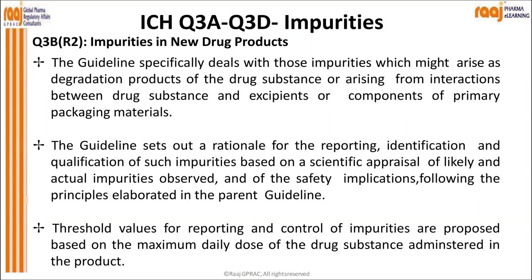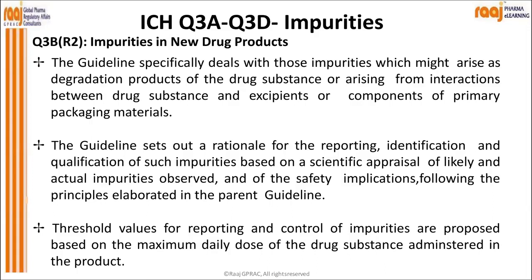These are already discussed under chapter 3. So impurities in the drug product and drug substance are very important. These guidelines set out a rationale for the reporting, identification, and qualification of such impurities based on scientific appraisal. Correct? So I hope you understood, guys.